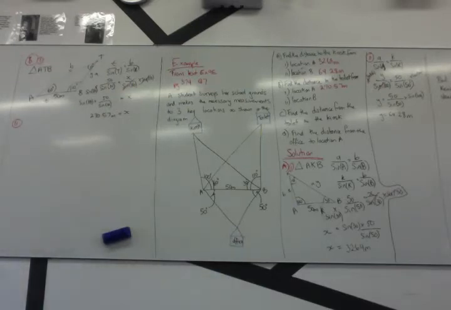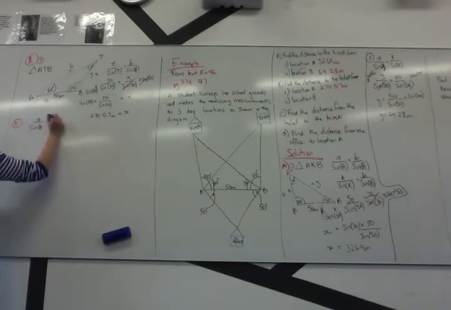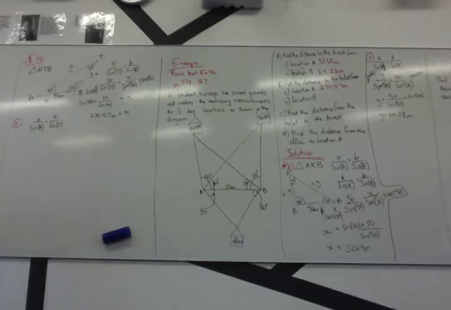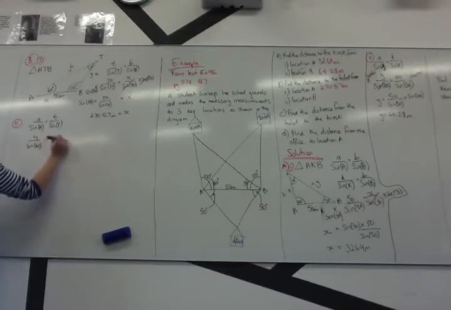So we have another side to work with. And what's the sine rule that you're going to use this time? Instead of B, we're going to use A. So it's still T over the sine of T. Substitute your values straight in. Y over the sine of 60 is equal to 50 over the sine of 10.